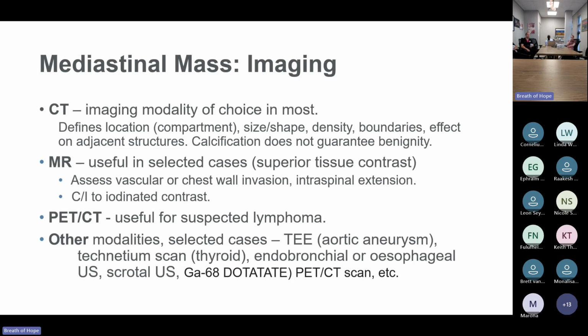This is in the setting of a patient with suspected mediastinal adenopathy, where you can do endobronchial ultrasound plus biopsy or sampling of the tissues, or you can use esophageal ultrasound depending on where the lymph node is located. And for young children, you need to consider scrotal ultrasound because, as I said, the risk of malignancy is high in testicular tumors. And of course, other modalities that can be used include contrast CT scans.